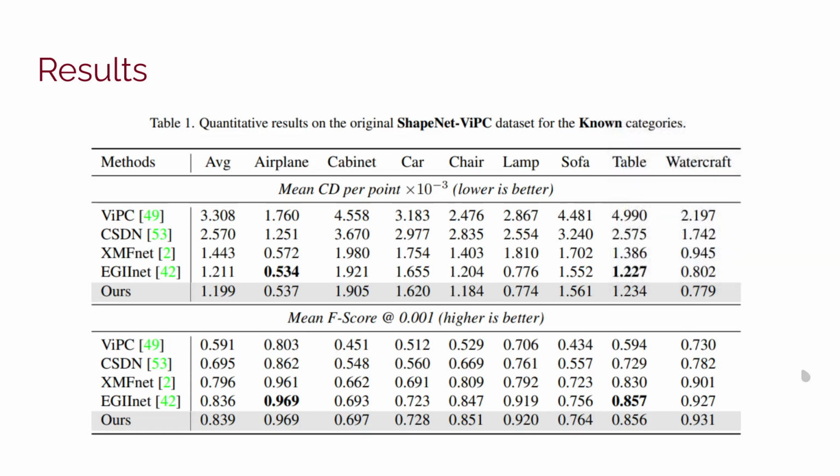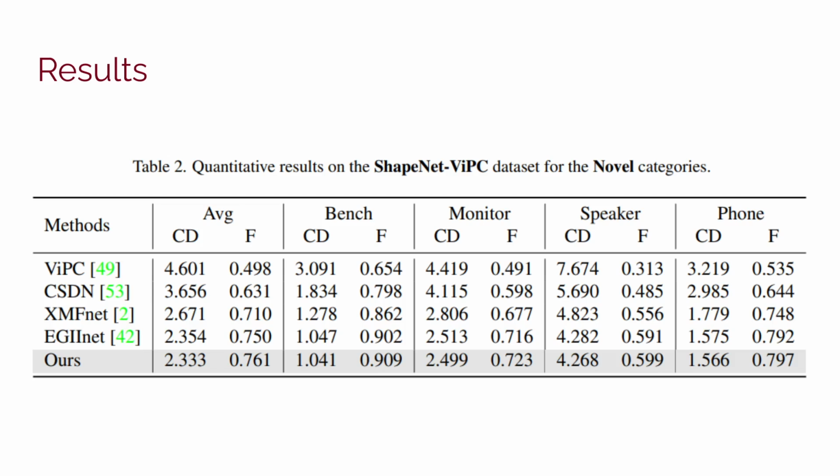So this is on the known categories. These are the categories that the models were trained on for the same task. And these are the results for the novel categories. These are not the objects that the models trained on.